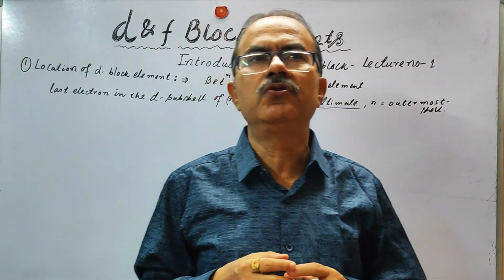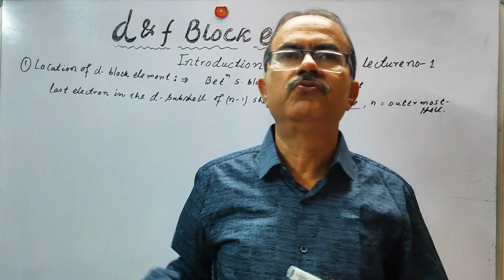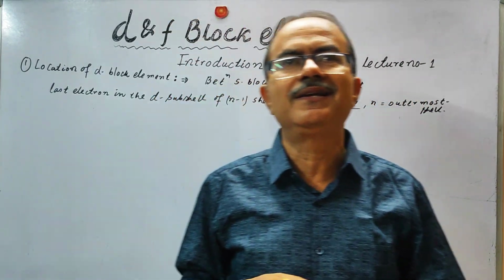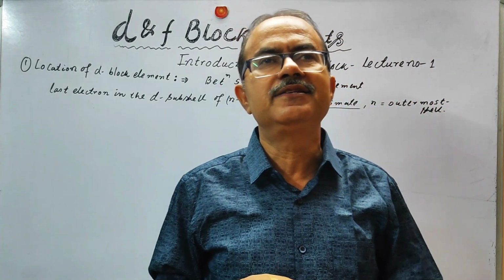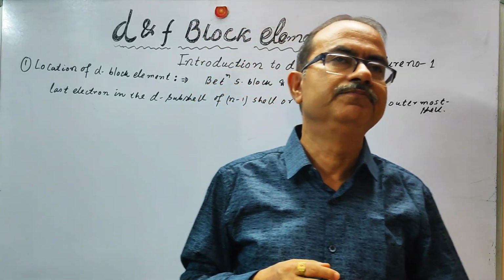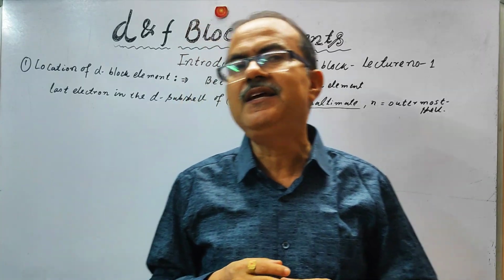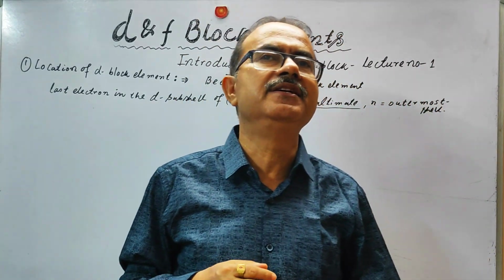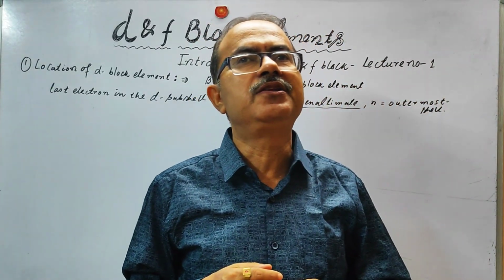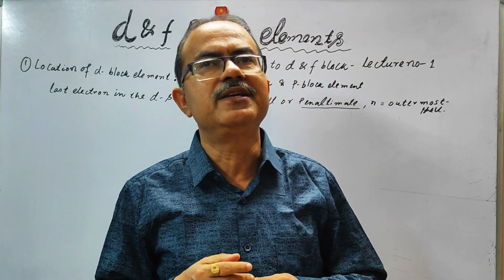Third period means n equal to 3, the principal quantum number is 3, and in that shell there are 3 subshells, that is 3s, 3p and 3d. 3s and 3p will be filled by the electrons progressively, but electrons will not enter the 3d subshell before that.